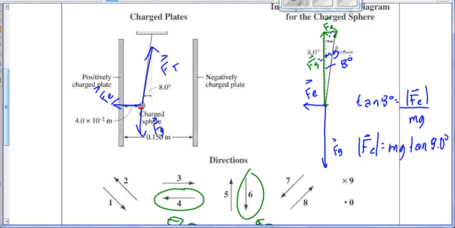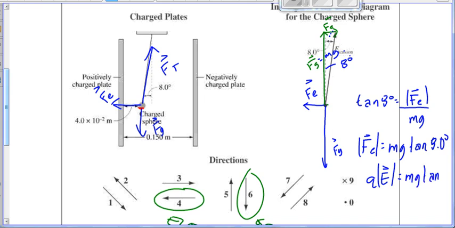Right? Then what? Well, then what? We want to say the electric force is Q times E. Sorry, we want to say it's kQ1Q2 over r squared. But we've only got one charge here. So let's set it equal to Q times E. The electric force is equal to Q times the electric field.